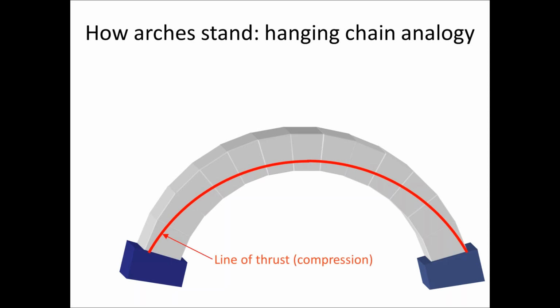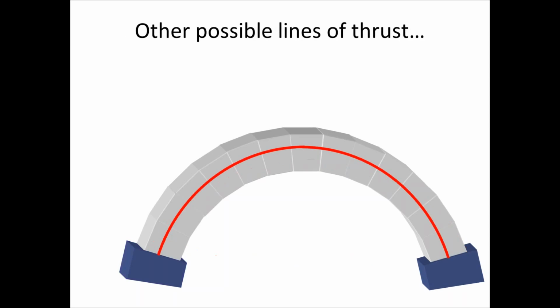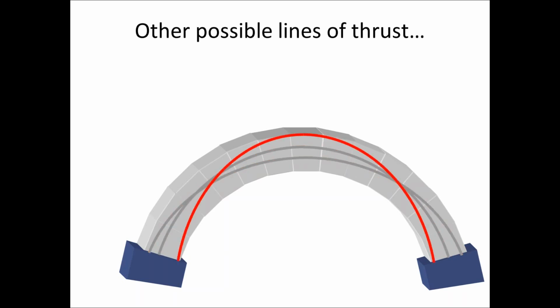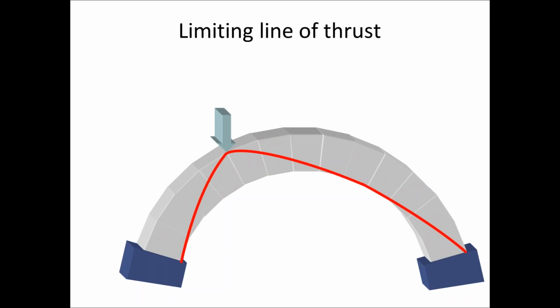That line is now the line of thrust or line of compression, and as you might expect, because we're dealing with a statically indeterminate structure, there are a number of possible lines of thrust that you can have. The key point to make, however, is that there is a limiting line of thrust which corresponds to the maximum load that the structure can carry, and we actually use optimization in LimitState Ring to find that in our case.